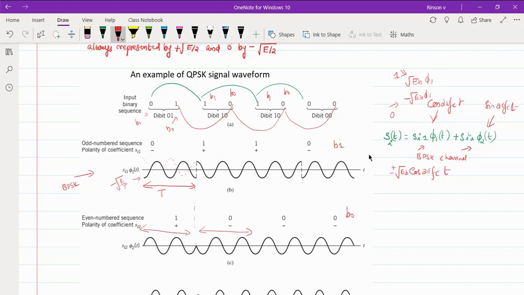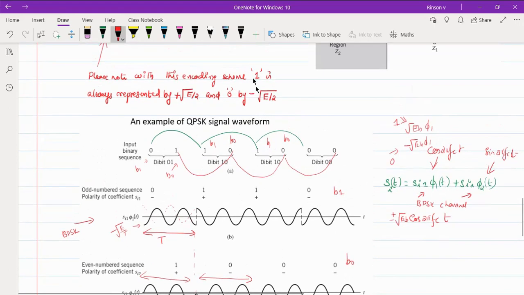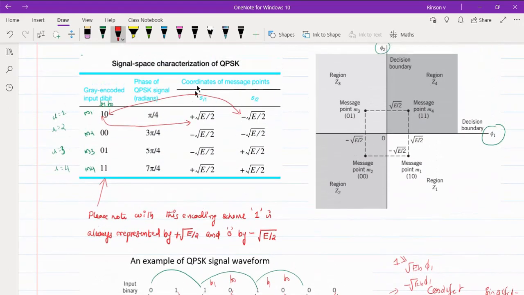Similarly here, if you take this part, if you have a 1 here, you will be transmitting root E by 2 phi1. If you have a 0 here, you will be transmitting minus root E by 2 phi1.